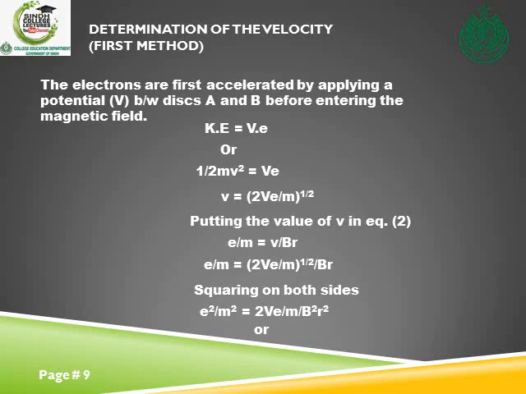Now e and e cancel on both sides and m cancels on both sides, so you will get e by m equals 2V upon B squared R squared. Now in this equation, V is voltage, e is the charge of the electron, capital B is the magnetic field induction, and R is the radius of the circular path.